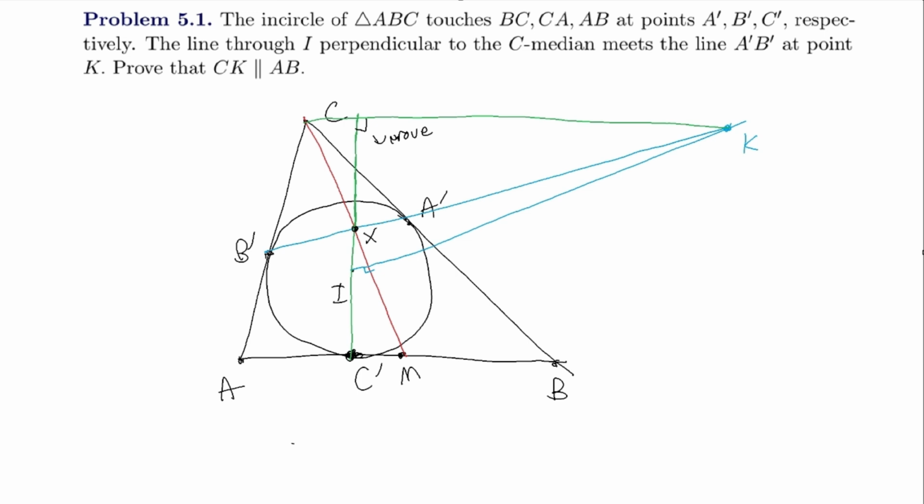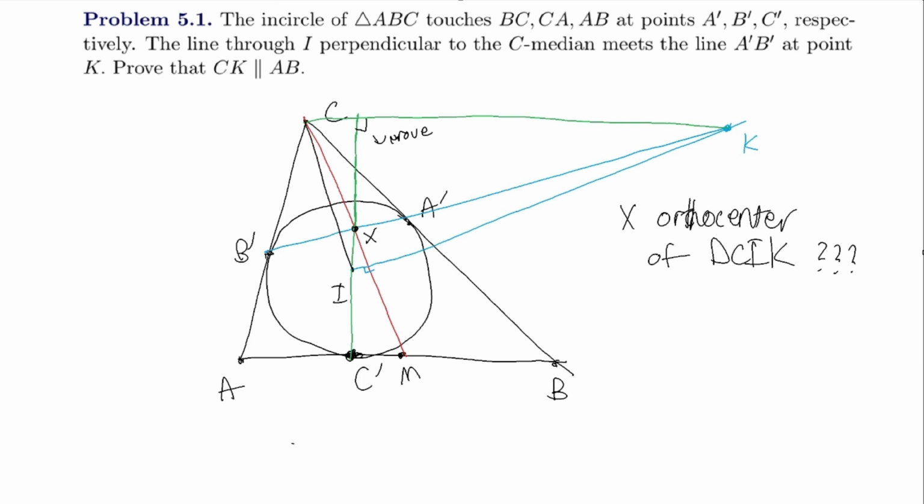Therefore, if the problem statement were true, then X would be the orthocenter of the triangle CIK. And if we can prove that this is true, then we'd be done, because then IX is perpendicular to CK. So all that's left to do is prove that it's true.